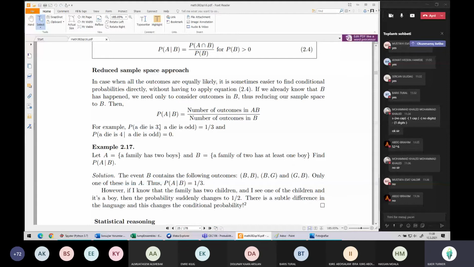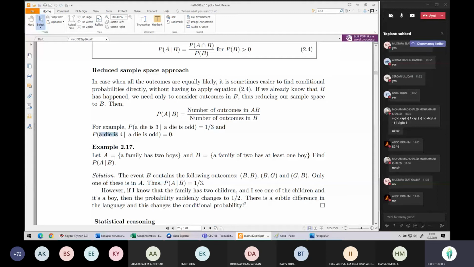But if it is given that a die is odd, the odd numbers are 1, 3, and 5. So my sample space is reduced to 3 occasions, and one of them satisfies my condition that a die is 3. So my answer is 1 over 3.